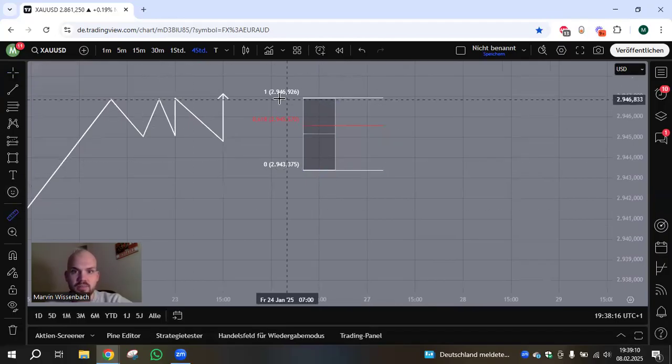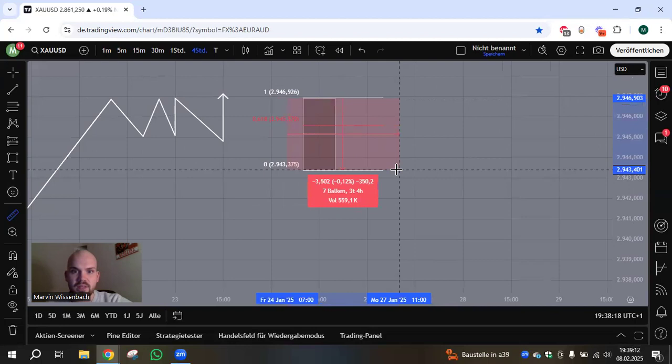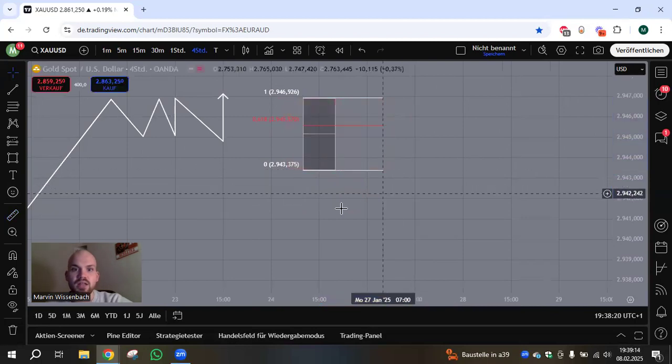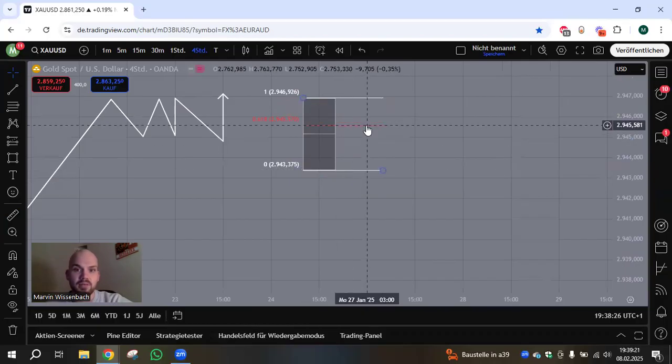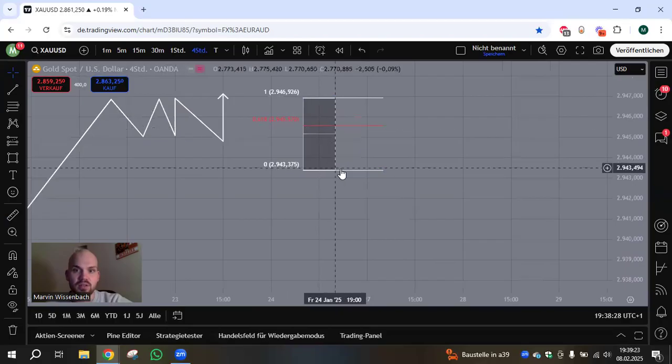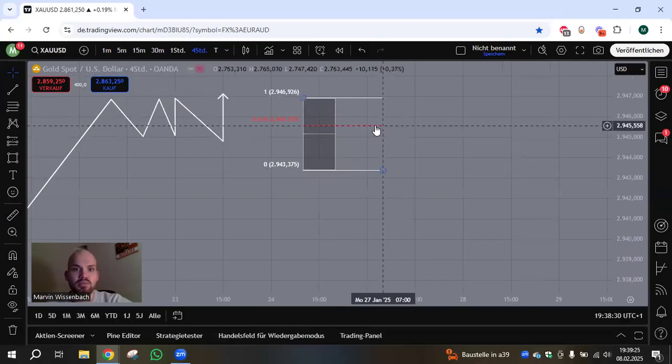So the market moved down, and now if we take a look at the distance that the market would have to make back up of this candle, that will be 61.8%.